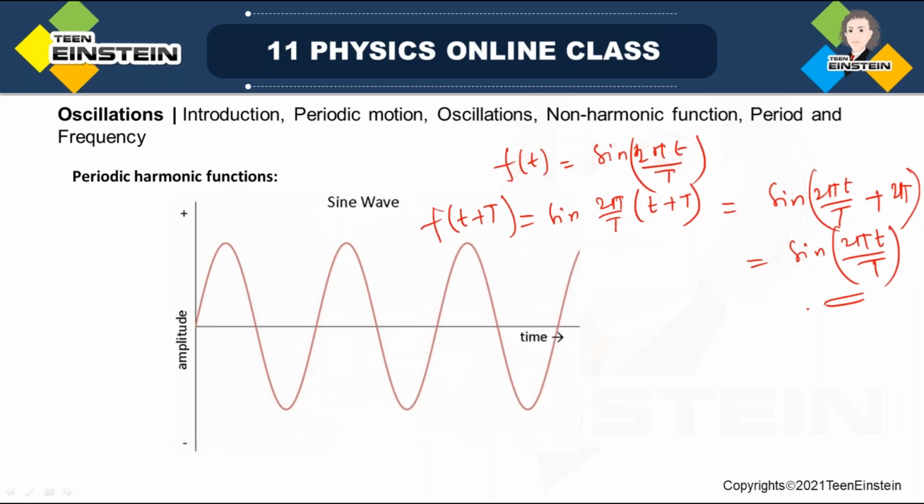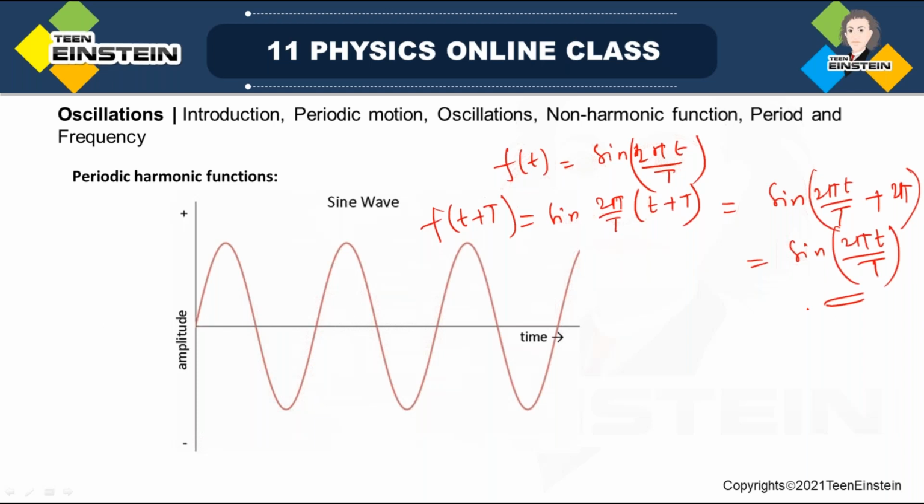And some functions are harmonic. The periodic functions which can be repeated like sine and cosine functions are called harmonic functions, or we can say periodic harmonic function. But all harmonic functions are necessarily periodic, but all periodic functions are not harmonic.